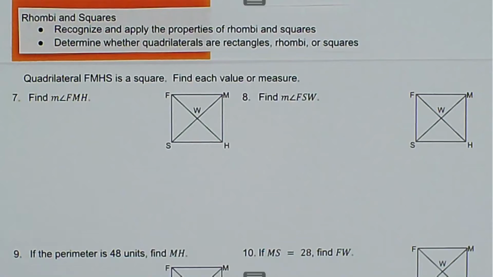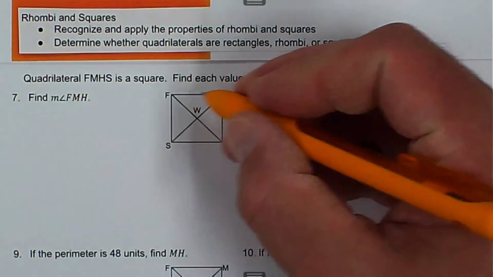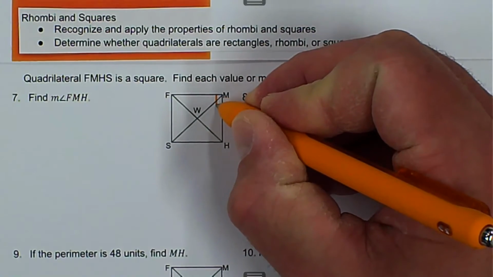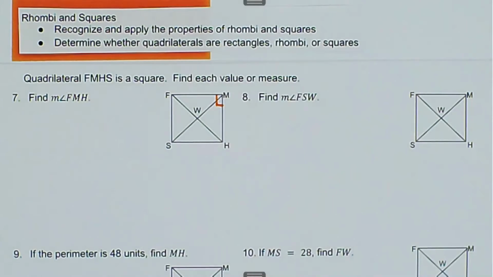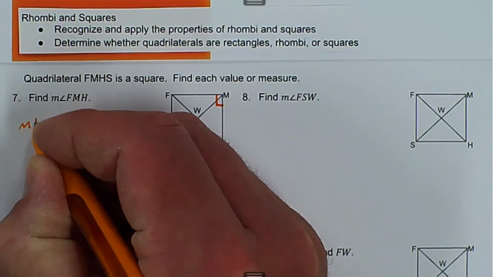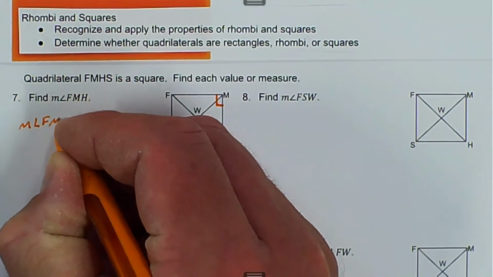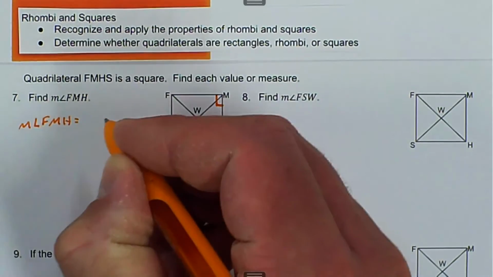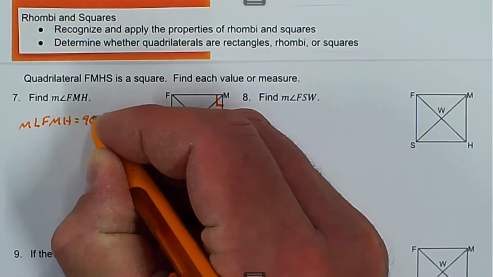So FMH is right there, and we don't really have any math to do here. We should know that all the angles of a square are 90 degrees, the 4 outside angles. So there we can say the measure of angle FMH is equal to 90 degrees.